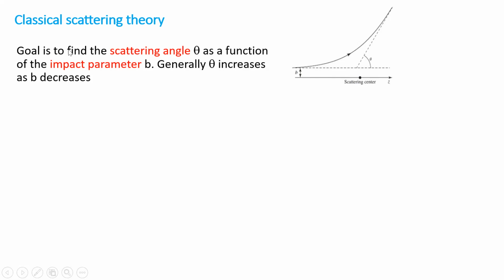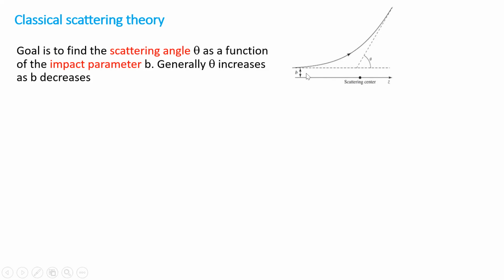The goal in classical scattering theory is to find the scattering angle theta, which is the angle measured from the scattering center tangent to the final trajectory of the scattered object, as a function of what we call the impact parameter B. The impact parameter is the distance the incoming object would pass from the scattering center if it continued straight on its trajectory.